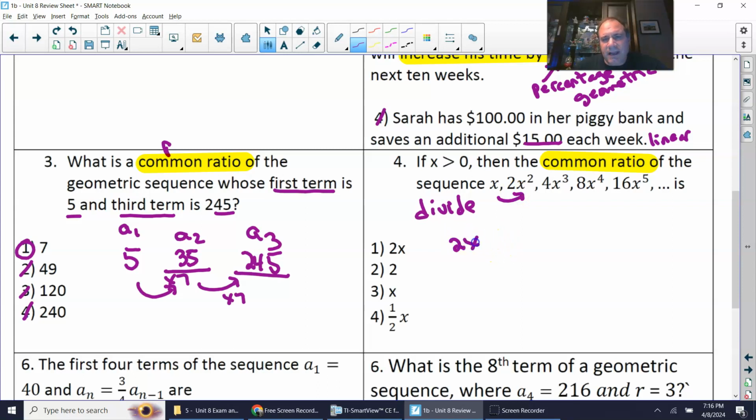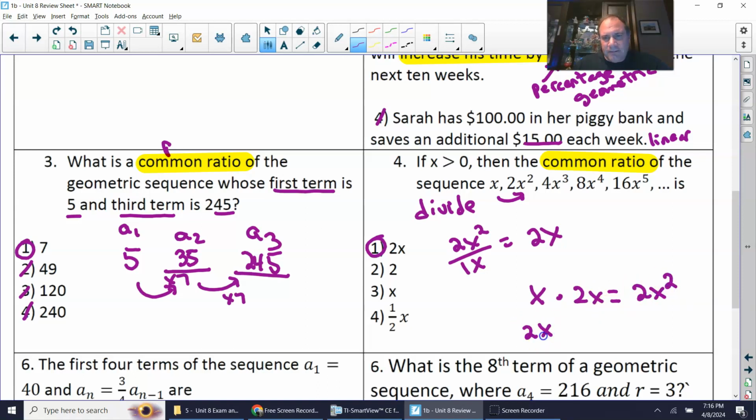You could just do 2x squared divided by x. That is going to give you 2 over 1, which is 2. And x squared divided by x is x. So x times 2x equals 2x squared.